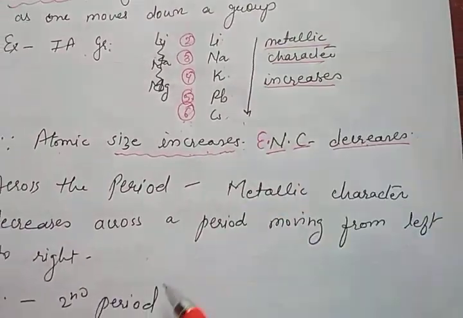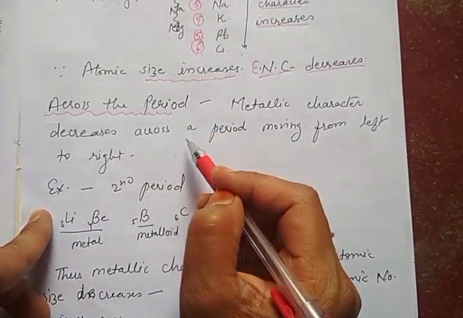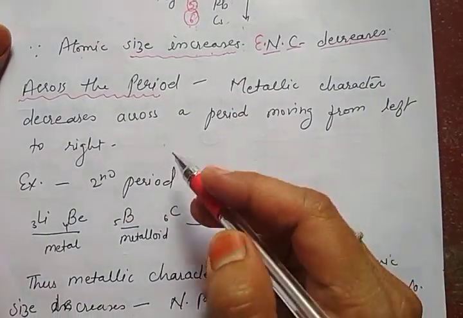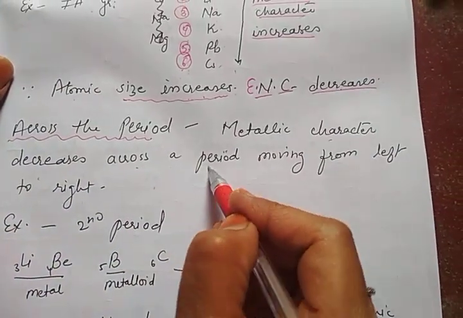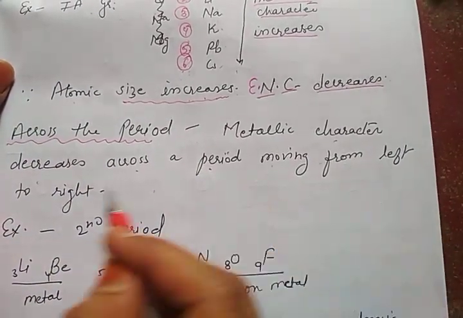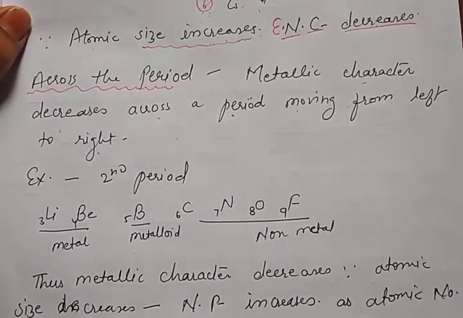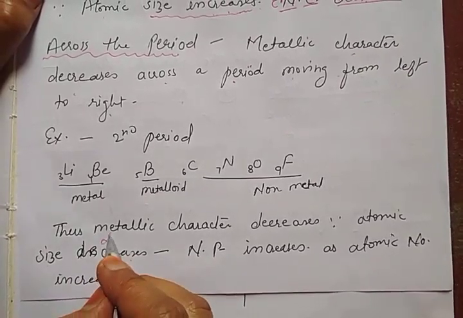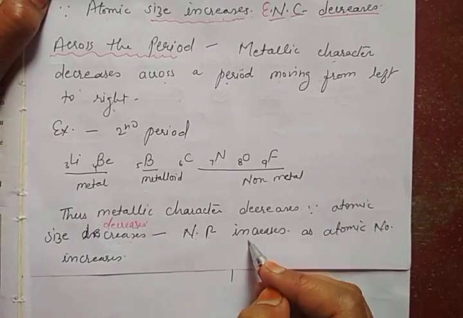Now across the period, how does the metallic character change when we move from left to right? Metallic character decreases across the period when moving from left to right. Why? Because atomic size decreases and nuclear force increases.